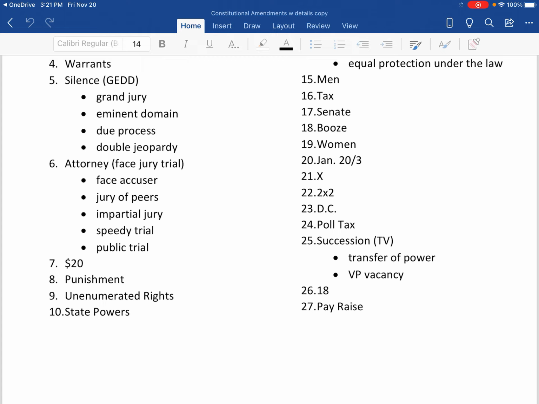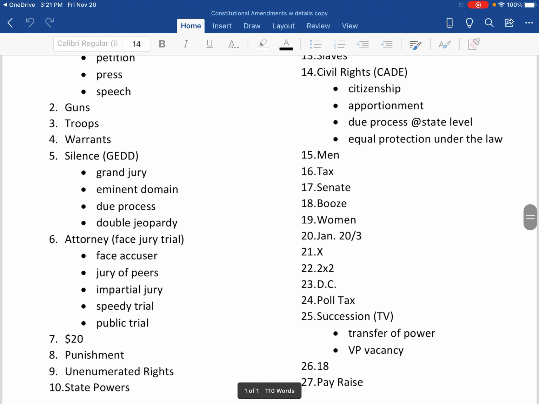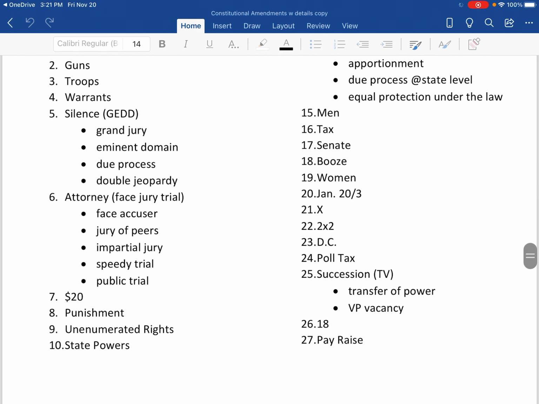State powers. State power says anything not granted to the federal government is reserved to the state government, which once again makes a lot of sense if we think about it. And by the way, these first 10, remember, are called the Bill of Rights. These first 10 make a lot of sense because this is what it took to even get the Constitution passed, and a lot of it was the difference between state power and federal power.